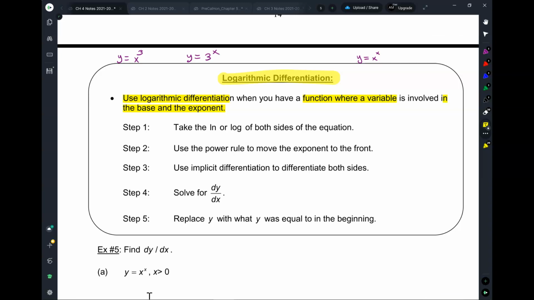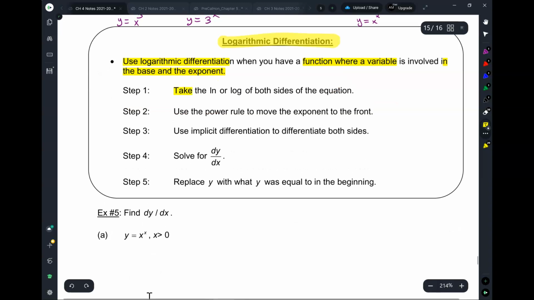It's a 5-step process. First, take ln or log of both sides. We know how to do that. That's algebra. Use the power rule to move the exponent to the front. Also algebra. Here is the calculus part: use implicit differentiation for both sides.